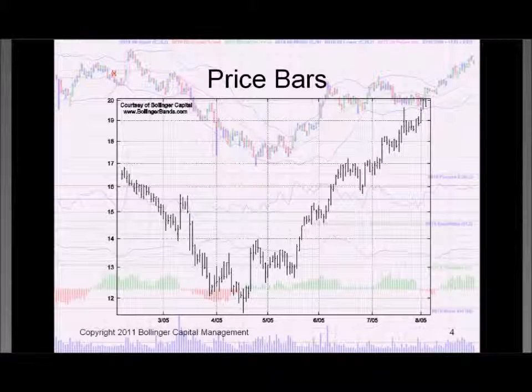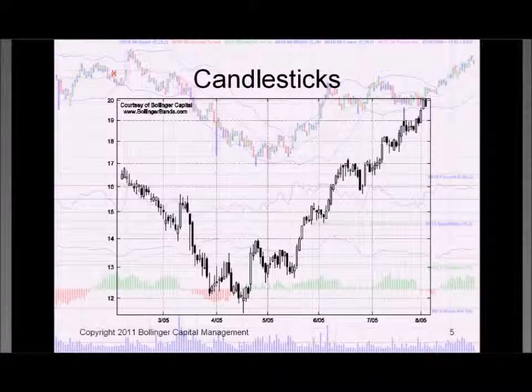Basically, the Western presentation stresses the range with a minimal importance being attached to either the opening or closing price. So we can shift to candlesticks, which, as you well know, highlight the relationship between the open and the close.